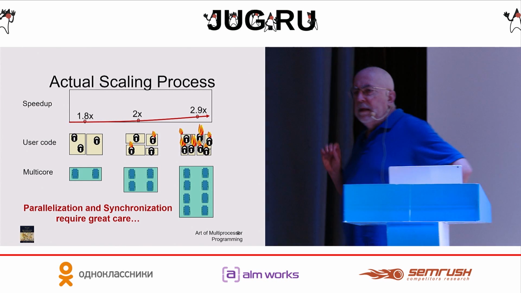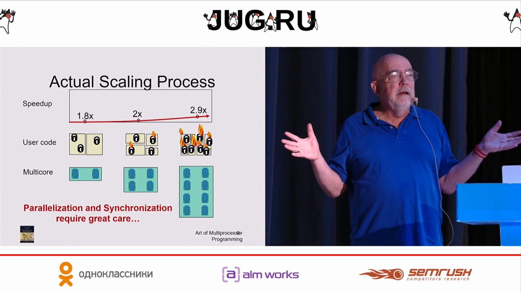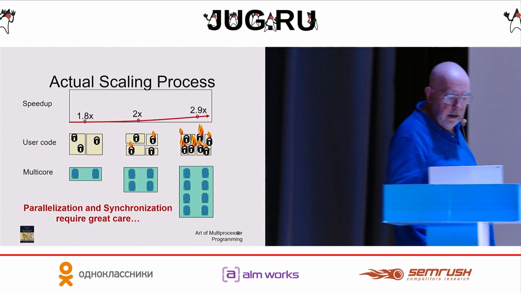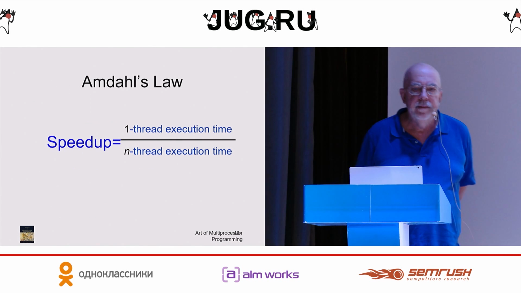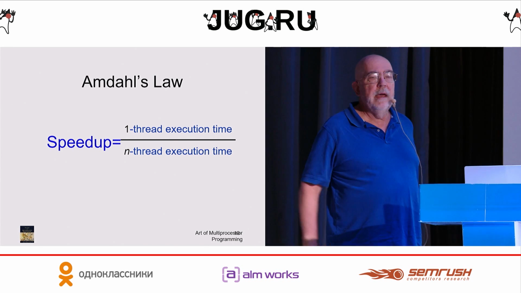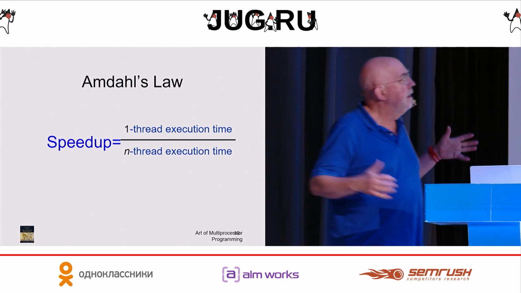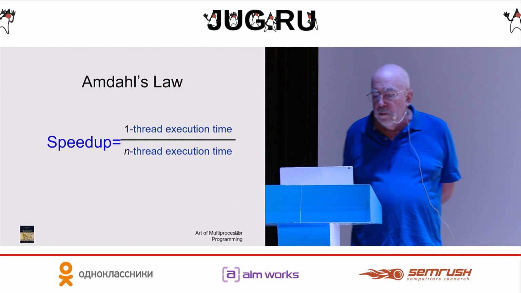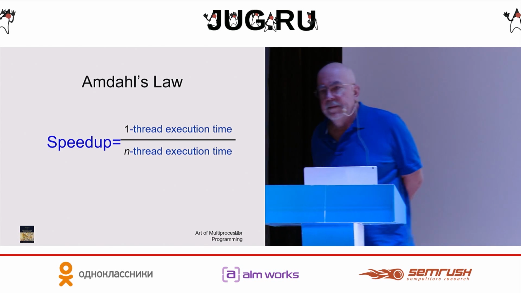So parallelization and synchronization are difficult. And if any of you have ever tried to do this, no doubt you're aware of this. So one way to talk about this is something called Amdahl's law. We can define the speedup that you get by moving from a small number of cores to a large number of cores as the ratio of the execution time with one thread versus the execution time with all of your threads.